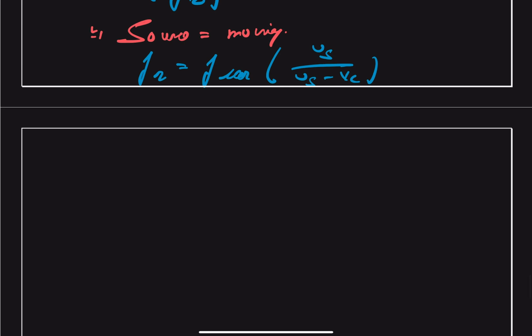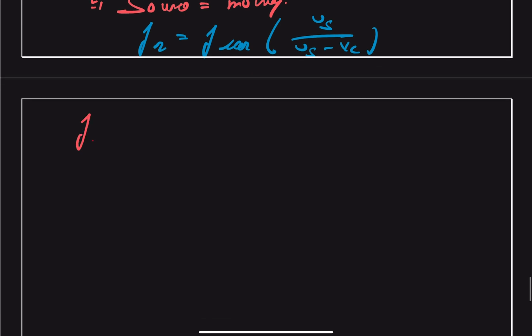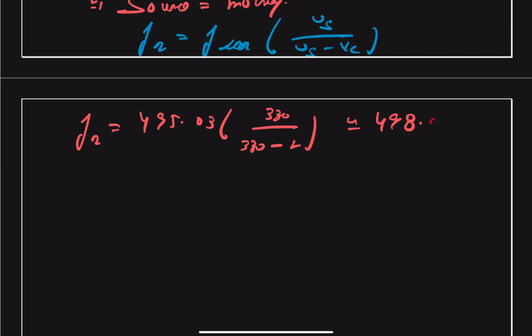So if we substitute the values, we get Fr is equal to 495.03 times 330, where 330 is the velocity of the sound, divided by (330 minus 2), and this comes approximately as 498.03 Hertz.